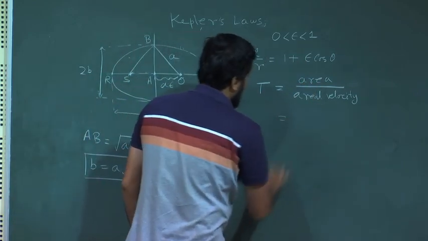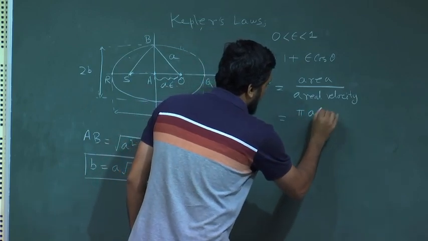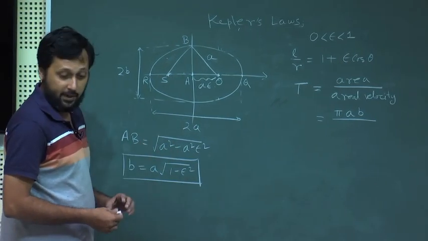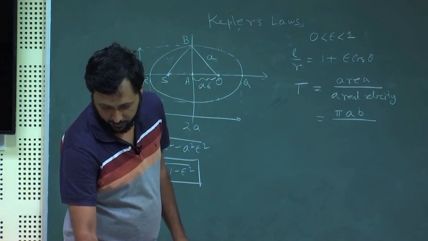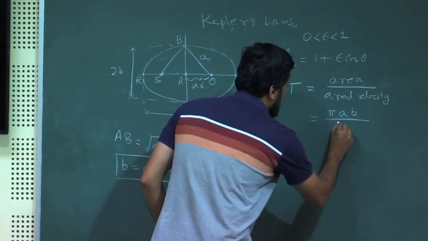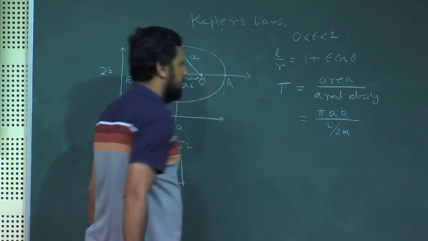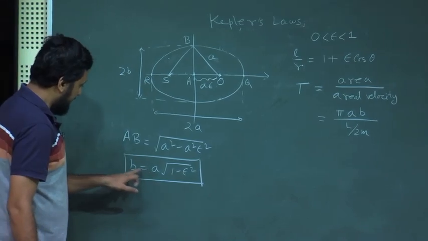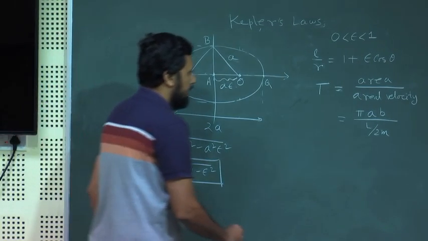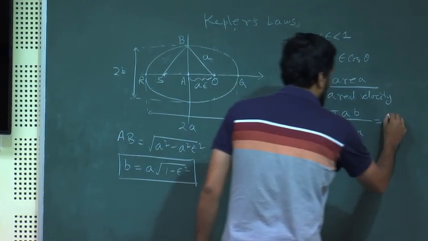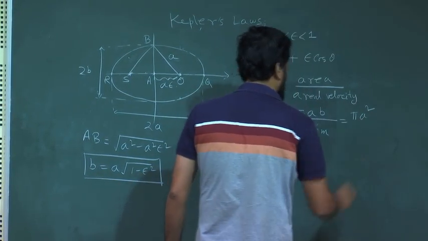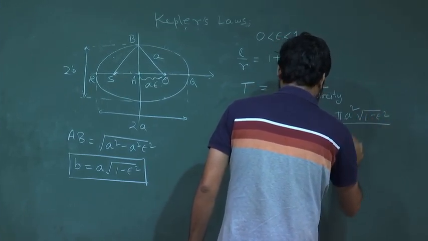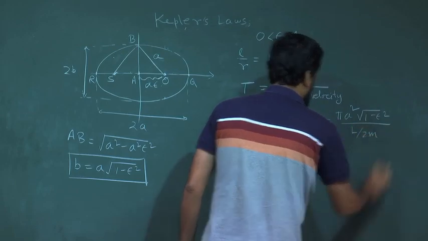Now, what is the area of an ellipse? It happens to be given by pi AB, that you know from your geometry lesson. And areal velocity, we have already derived an expression for, and the expression is L by twice m, which is constant for any central orbit. Right. Now, you see, if I replace this for B, we immediately get pi A square into root over 1 minus epsilon square divided by L by twice m.